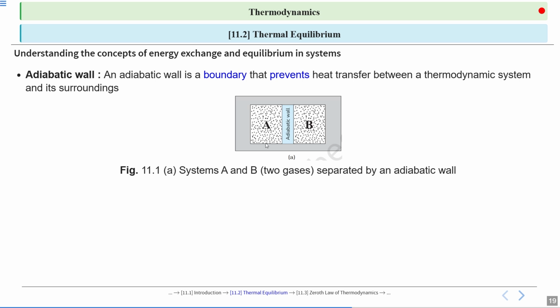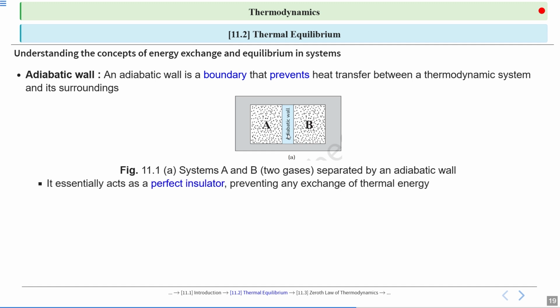So here we have two systems, system A and system B, separated by an adiabatic wall. All right, this adiabatic wall prevents heat transfer between system A and system B. The work of this adiabatic wall is only to prevent heat transfer. It essentially acts as a perfect insulator.